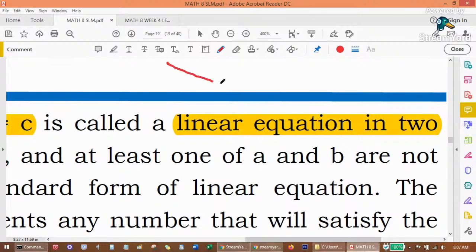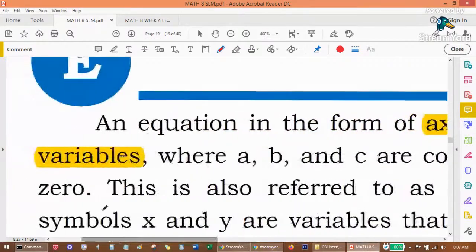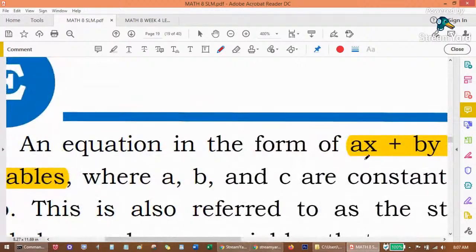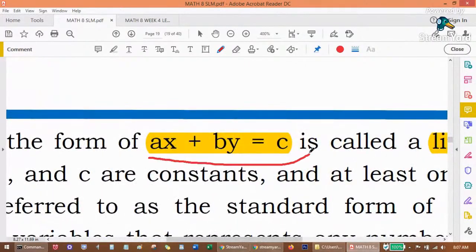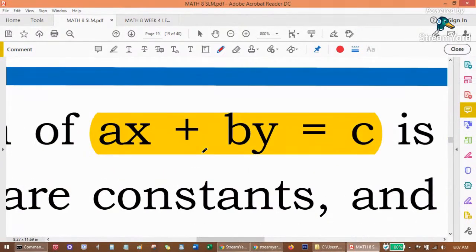Pag ginraph natin, straight ang lumalabas na line. Okay? In two variables, so this is the standard form of a linear equation in two variables. Two variables because meron tayong dalawang variable, x and y.